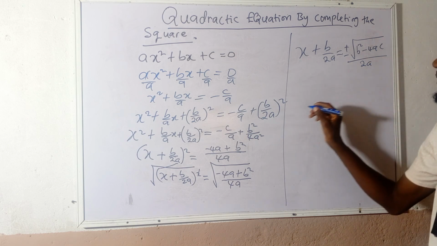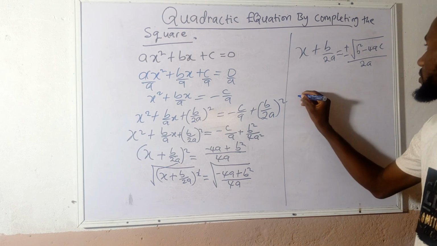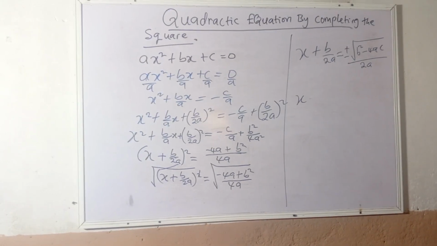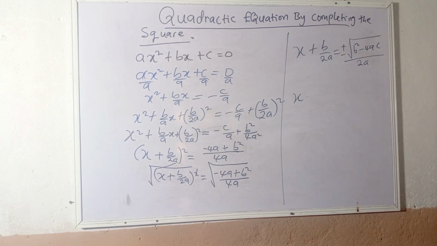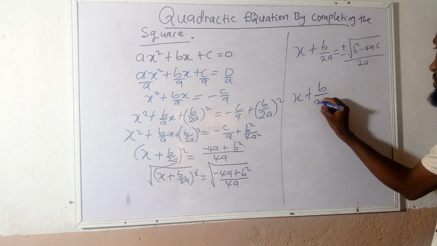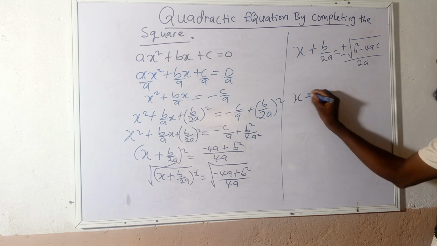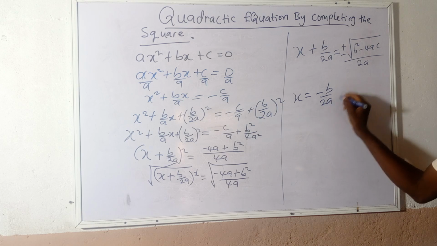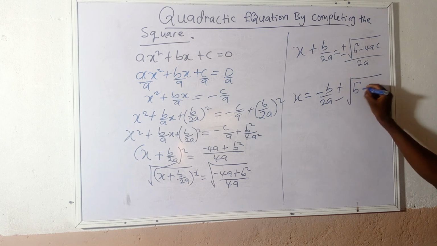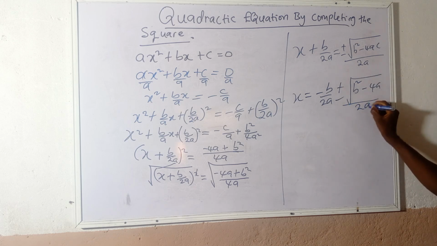Here we'll have x plus b all over 2a equal to, we have x is equal to minus b all over 2a plus or minus the square root of b squared minus 4ac all over 2a.